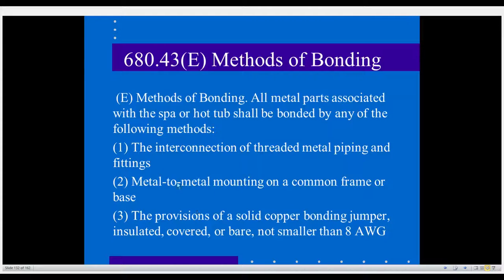All of these things could be connected to the metal frame of the fabricated spa or hot tub assembly, and that causes the bond, and then everything's done. Or you can use a solid copper bonding jumper, insulated, covered, or bare, not smaller than an 8. In my hot tub, I had 4 different pump motors under there, and they were all interconnected together with an 8 gauge that looped around and tied them all together.